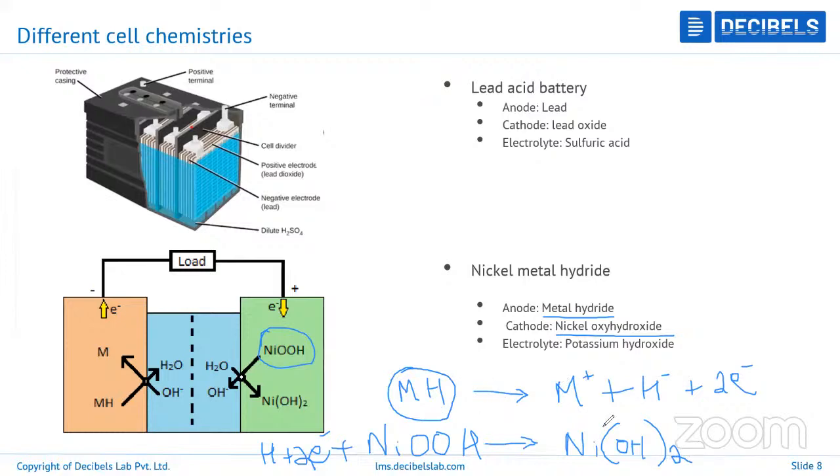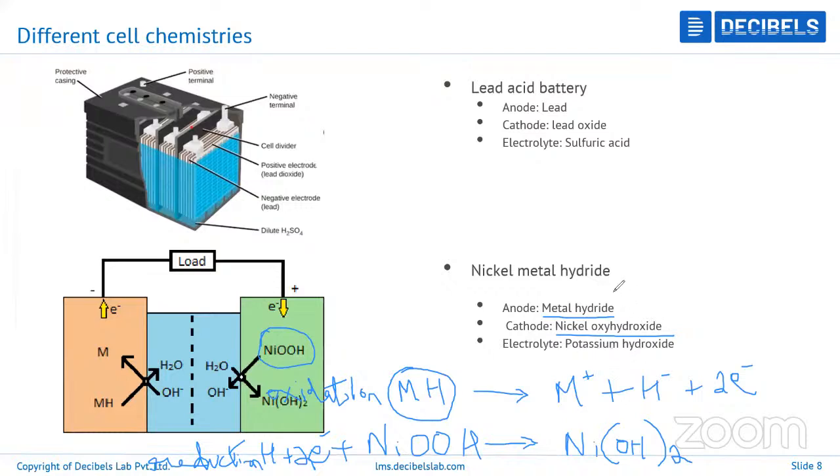So this is your final reaction at the reduction side, and this is your oxidation, and this is your reduction. So these are the reactions that occur inside a nickel metal hydride cell.